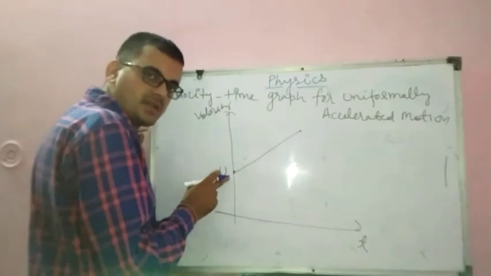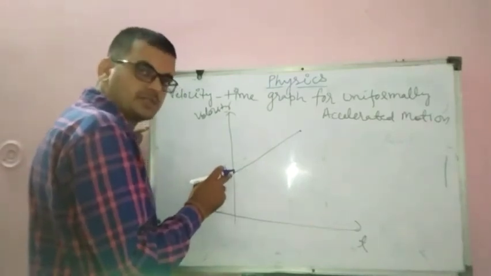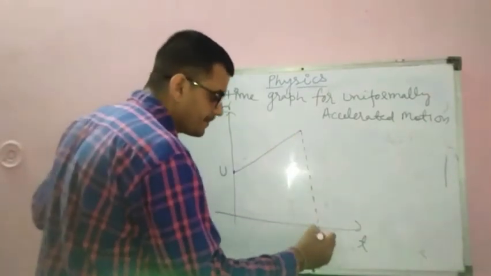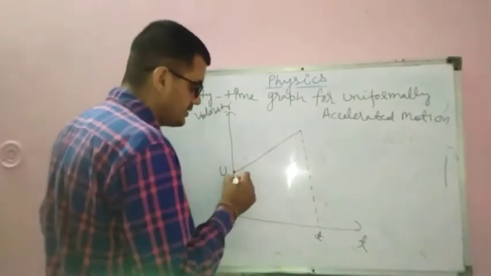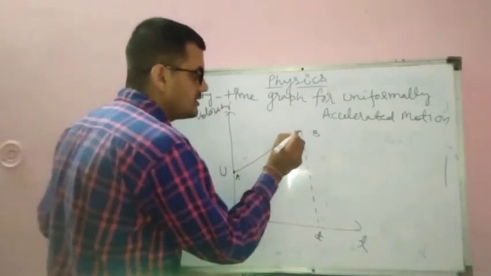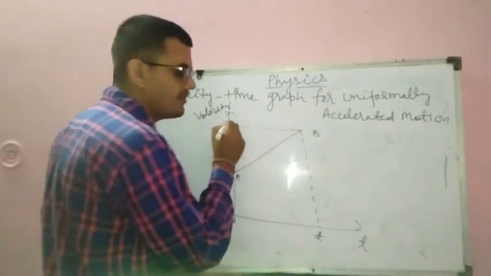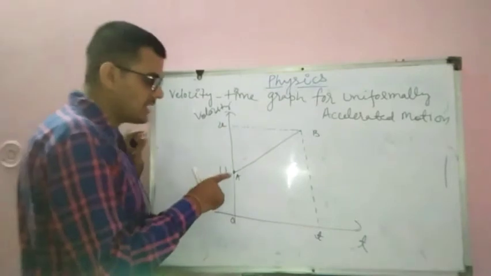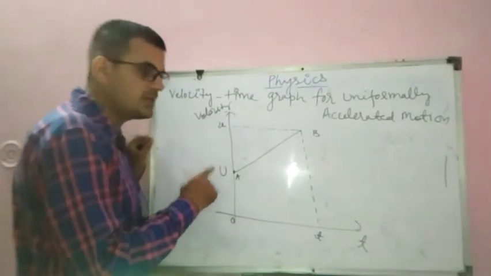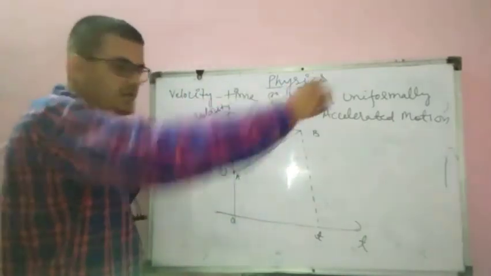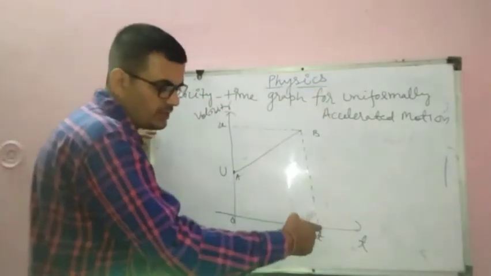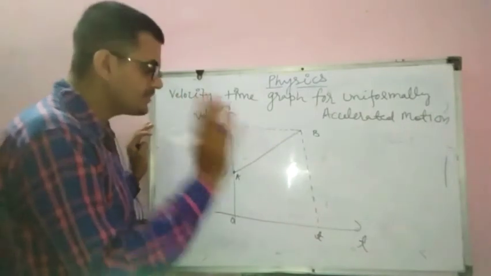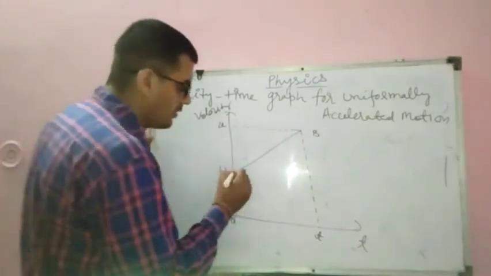The body started from this point, and after time t, the body reaches point B. Here the final velocity is increasing, because velocity is uniformly accelerating. Suppose at this point the velocity is v. The body started moving from here with velocity u, it accelerated uniformly, meaning it increased, and the body stopped at B. When it stopped, the time was t, and its final velocity, which was increasing, will be v. So at time t the body reached B.